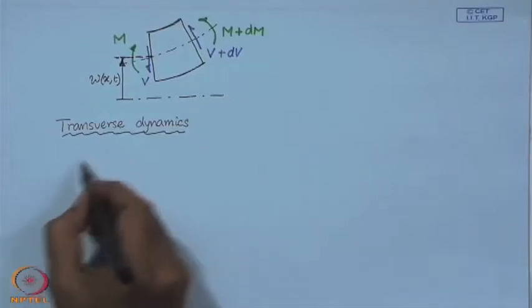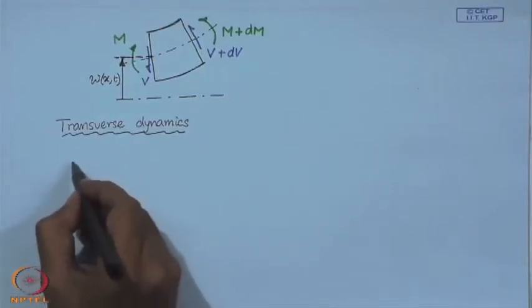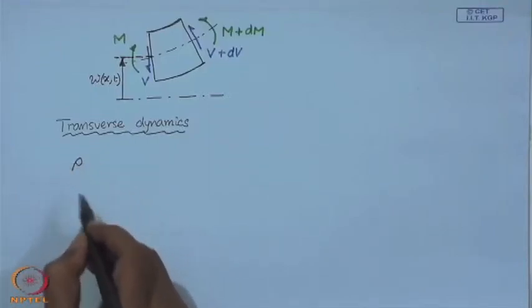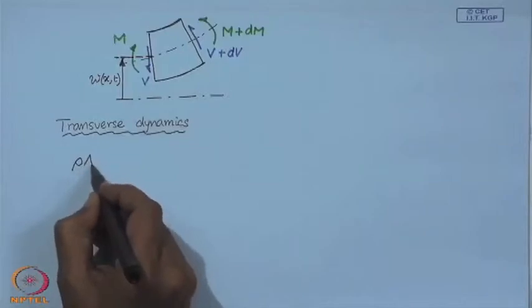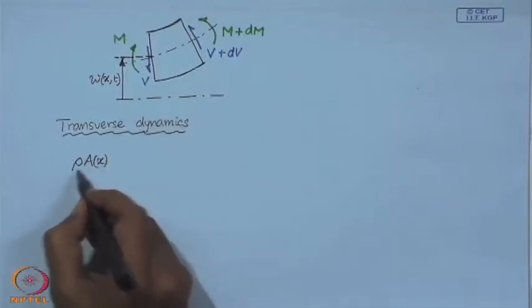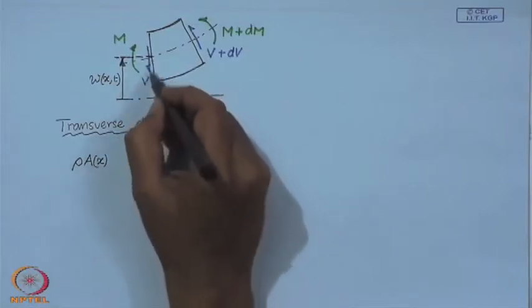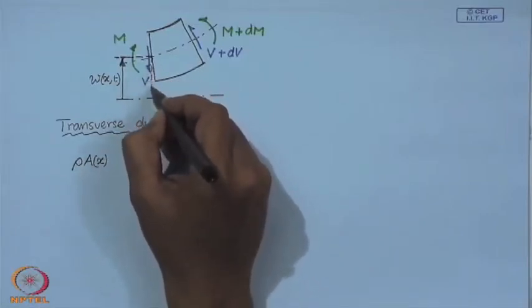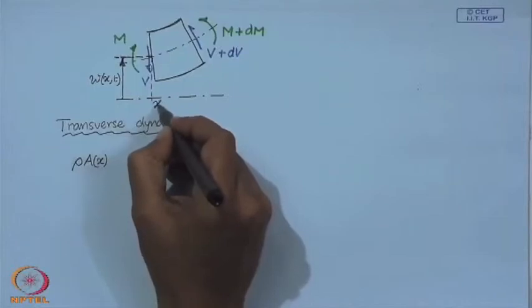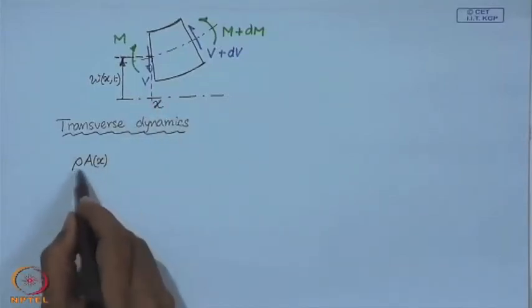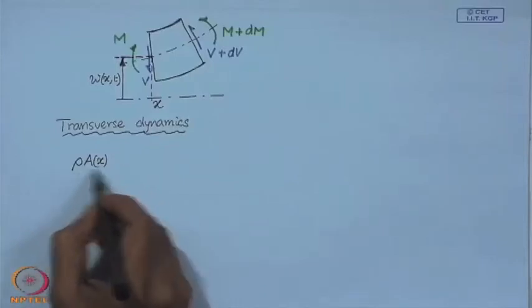Now, from Newton's second law, if rho is the density of the material and if A is the cross sectional area at this location x, then rho times A is the mass per unit length.